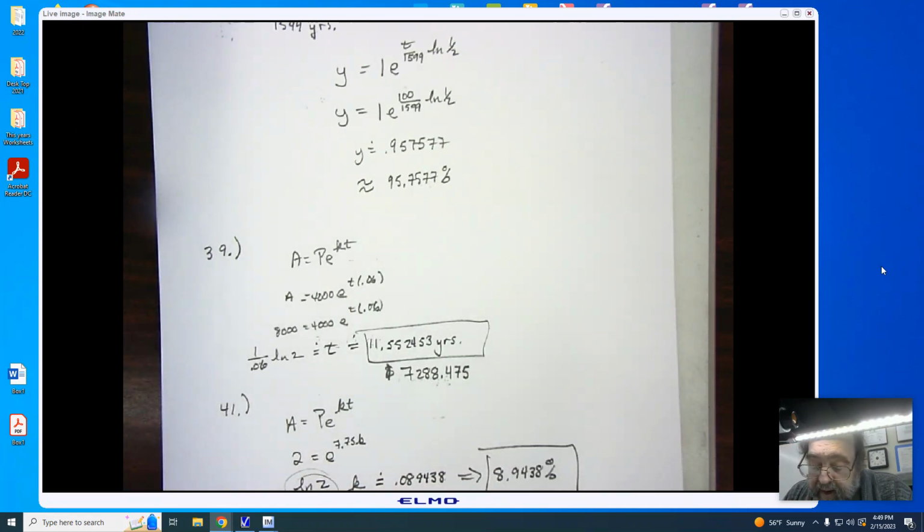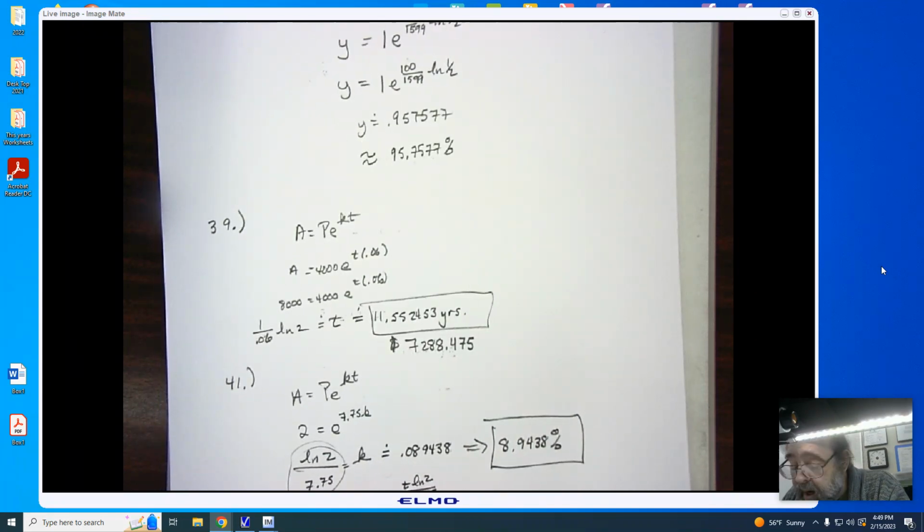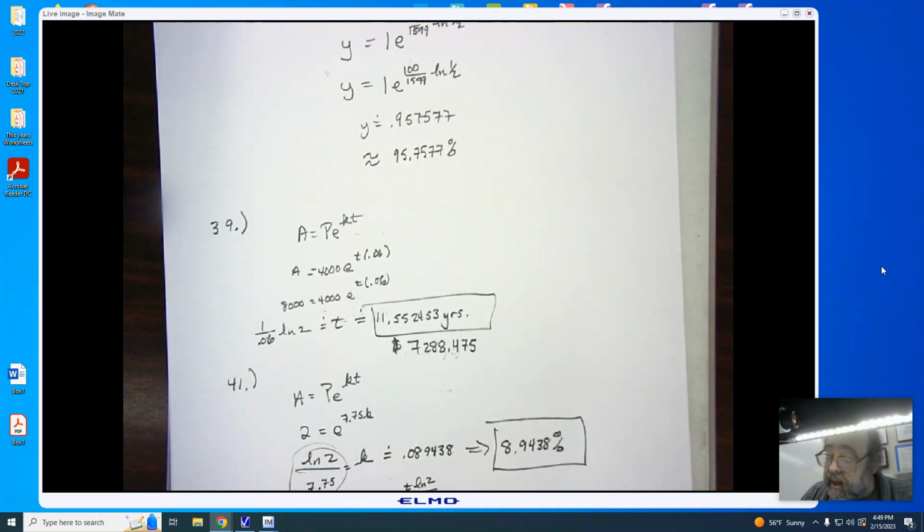So I have 750 times e to the power of 10 ln of 2, close parenthesis, divided by 7.75, and I end up with approximately $1,834.37 after 10 years. And that is number 41. Okay?